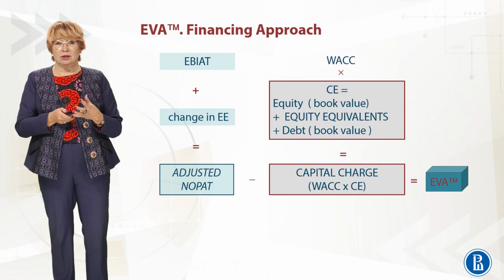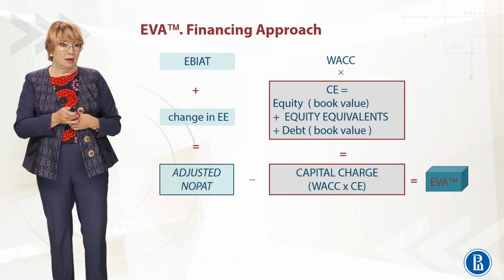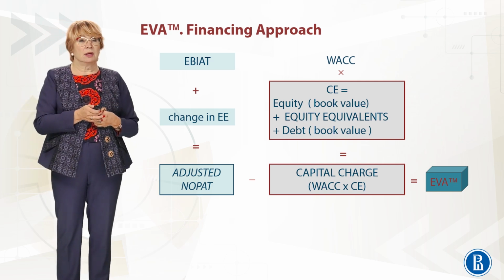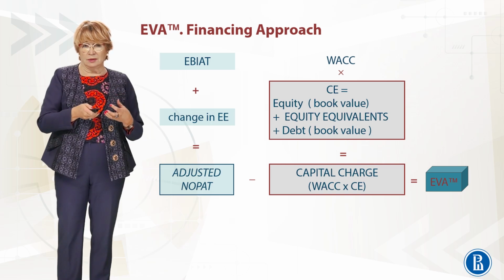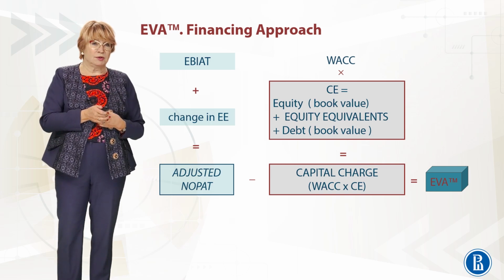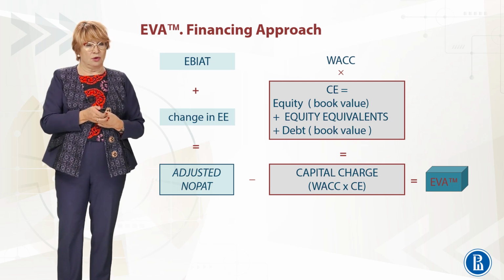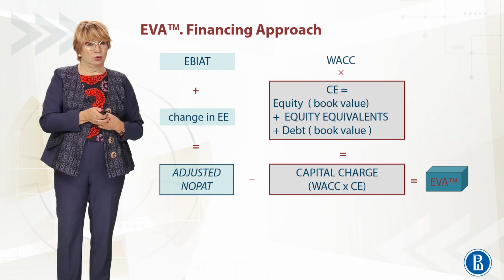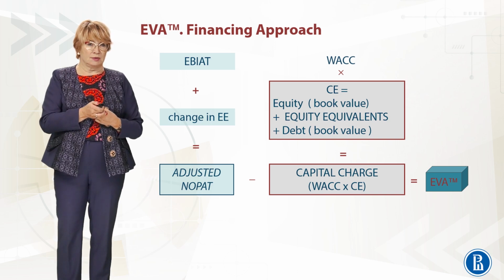So that's why you need to find the change in equity equivalents. And the change in equity equivalents should be added to your accounting result in profits, to earnings before interest but after tax. If you do it, then you will arrive at your adjusted net operating profit after tax.